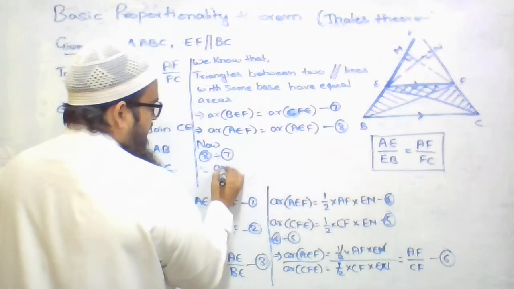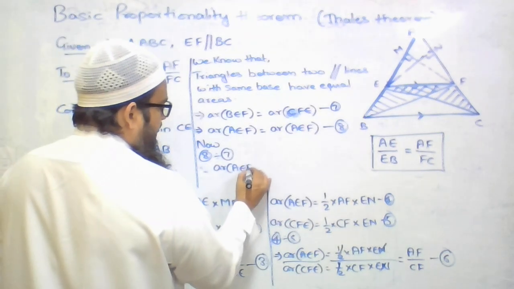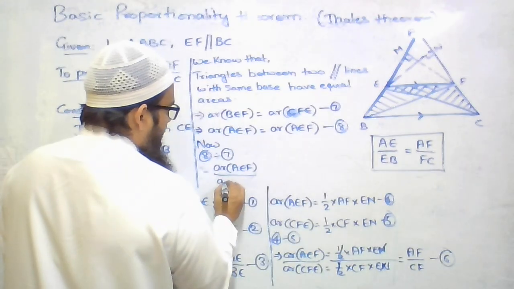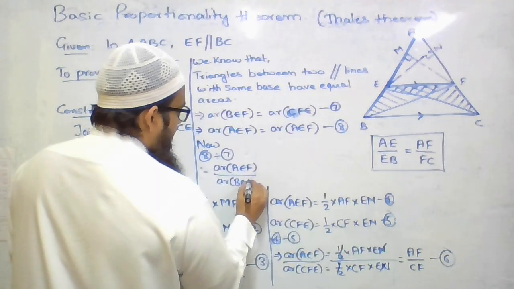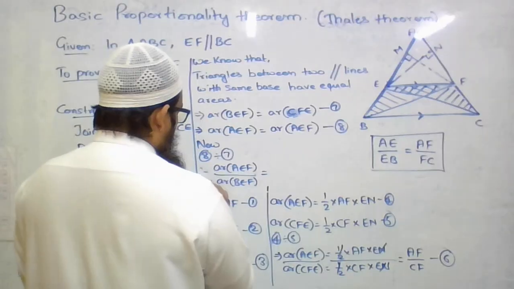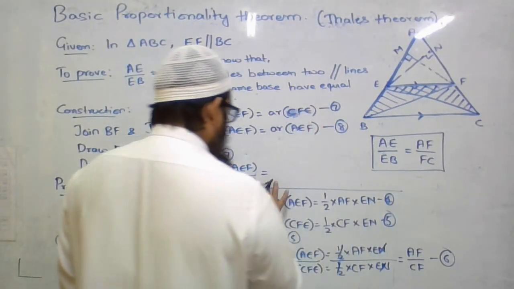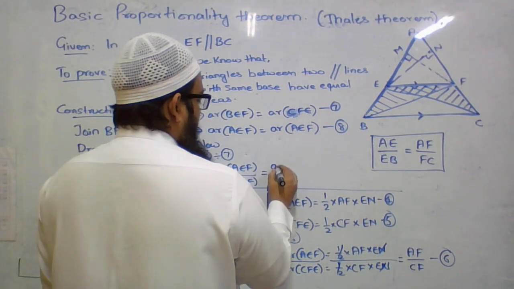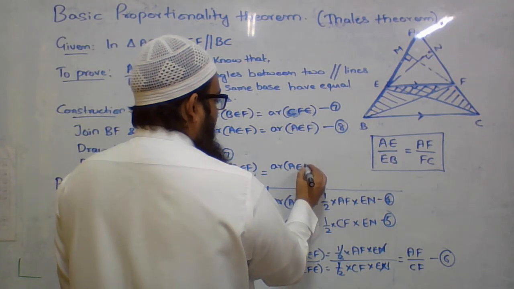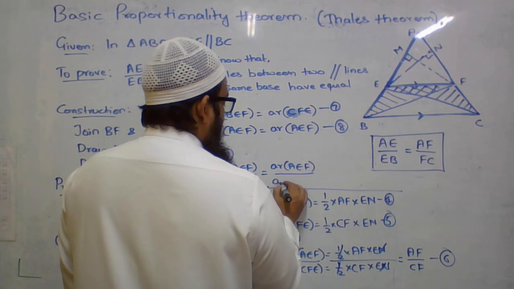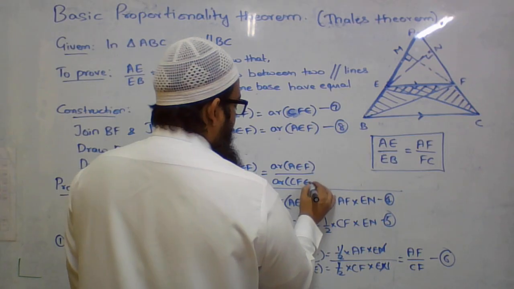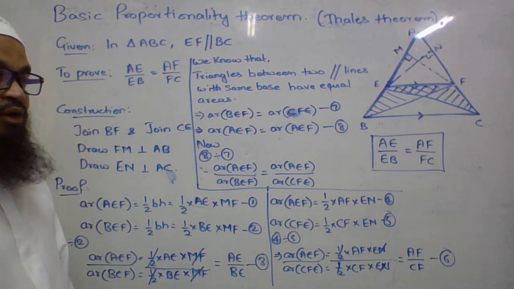So if I divide, area of AEF divided by area of BEF is equal to area of AEF divided by area of CFE. Understood or not? So I don't have place.